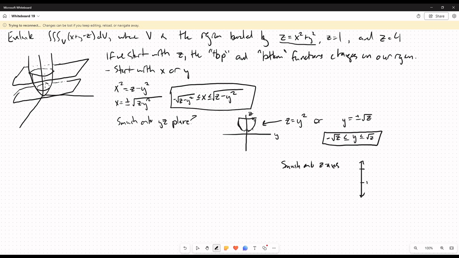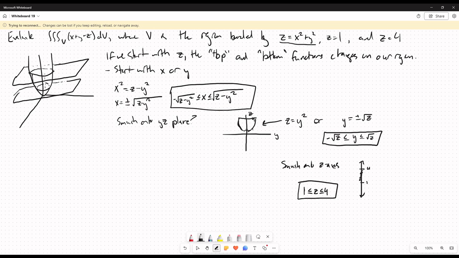It's just the area from 1 to 4. So we see that 1 is less than or equal to z, which is less than or equal to 4. So there we go, and that will give us our third inequality.